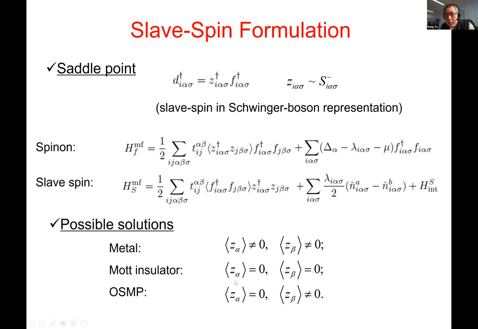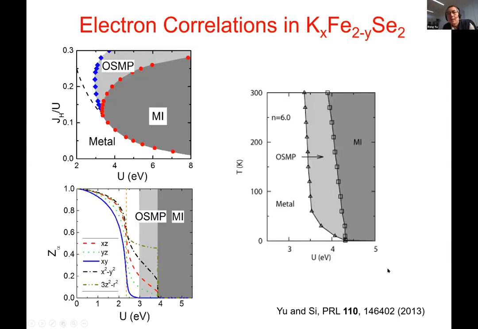And if the quasi-particle spectral weight Z is zero for all the orbitals, this is a Mott insulator. And interestingly, we also find there is a third solution which corresponds to this orbital selective Mott phase. So in this phase, for some orbitals, the quasi-particle spectral weight becomes zero, but for other orbitals, it is non-zero.